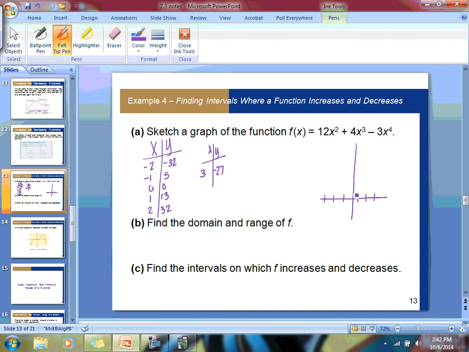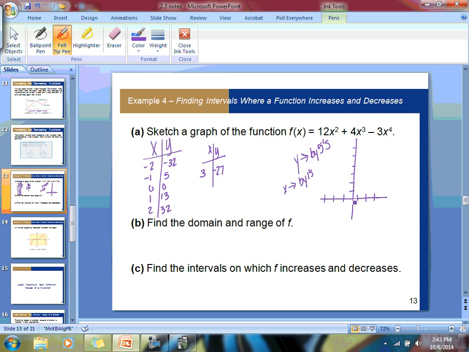But let's see. I did like 5, 10, 15, 20, 25, 30, that would work. Okay. So we'll say that the y's are going by 5s. So if you're going to do this on a quiz or a test, make sure that you tell me the increments that you're using on your axes, and the x's were going by 1s.